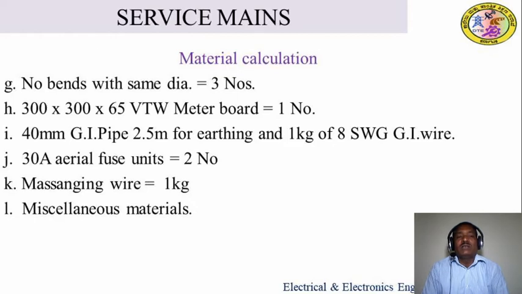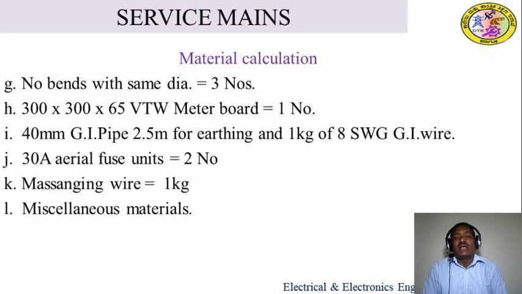So next, 30 amps aerial fuse unit, 2 numbers I have taken here. Sometimes 1 number may also be selected, only for controlling the phase. So these phase fuse units can be used to protect against internal faults as well as external faults, coming from excess voltage due to lightning or any fault that occurs in the distribution line.